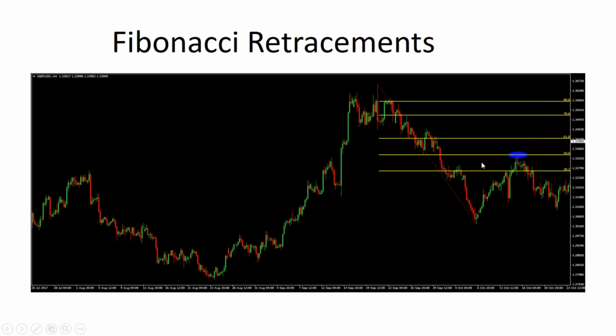The key levels that we want to monitor, which again come as part of the Fibonacci tool, are the 38.2% retracement, the 50% retracement, the 61.8% retracement, the 78.6% and the 88.6% retracement. These are the key levels to monitor as price is retracing against an initial move.